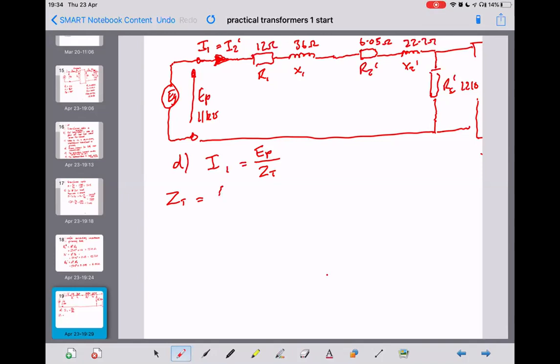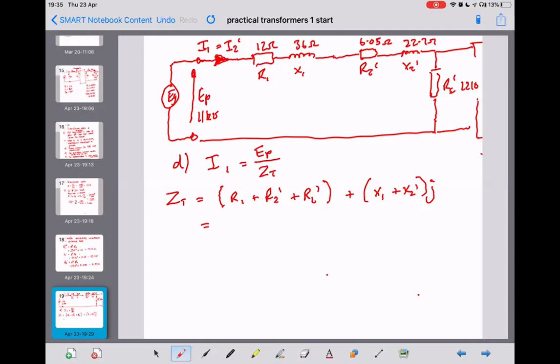So we can get that from R1 plus R2 dash plus RL dash, real part, plus X1 plus X2 dash J ohms. So we've got a complex number situation here: real parts are resistances, and imaginary parts are positive imaginary because they're inductors, X1 and X2 dash.